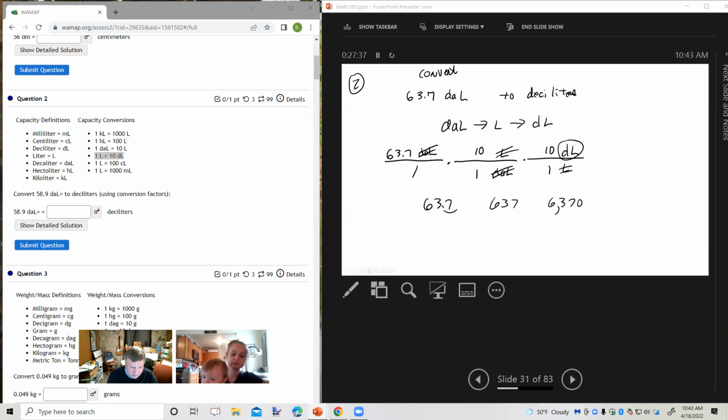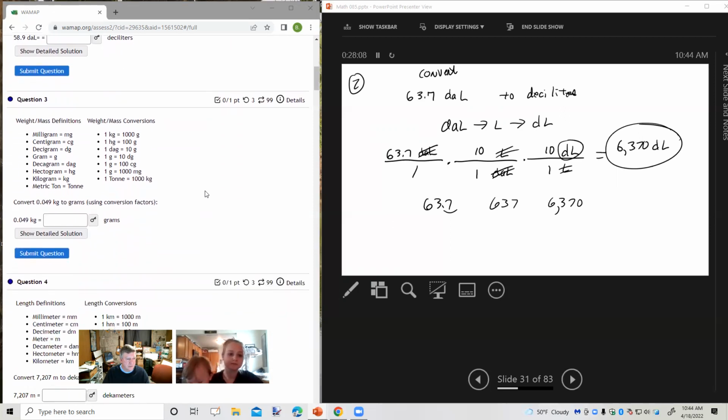Everybody okay with how I got there? So I'm going to have 6,370 centiliters. And again, make sure you use the correct abbreviation or write out the entire name. Again, in WAMAP, it looks like these problems have the units. But in case it doesn't, just make sure you've got the correct units. Right, any questions about that one?